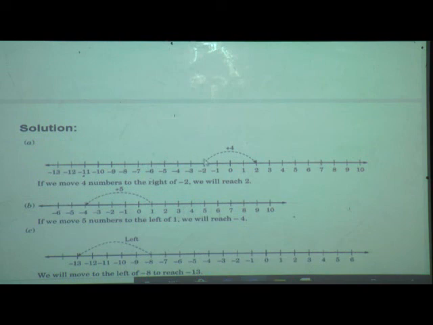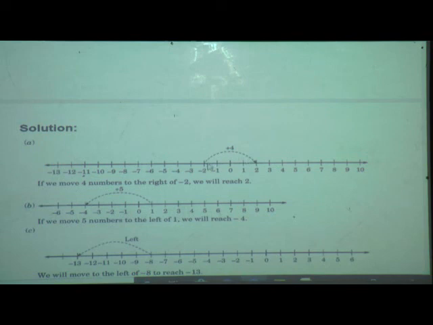So first of all we have to mark -2, which is to the left of 0, 1 and -1 and -2. Here we mark the point as -2. Now we are moving 4 numbers to the right of -2. Which is the right of -2? This or this? This is the right of -2.